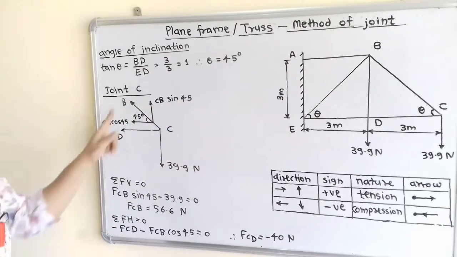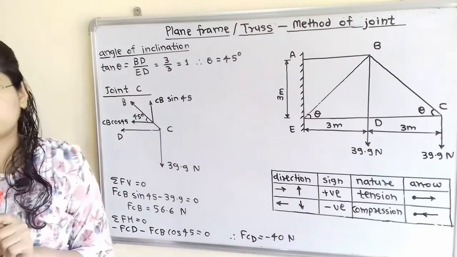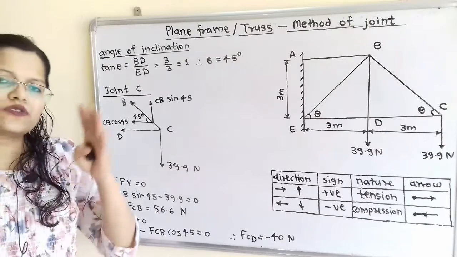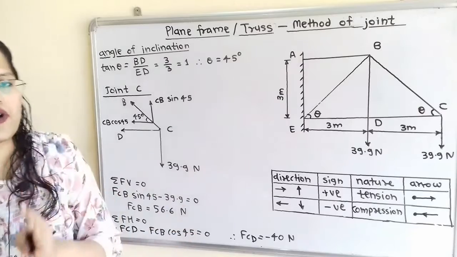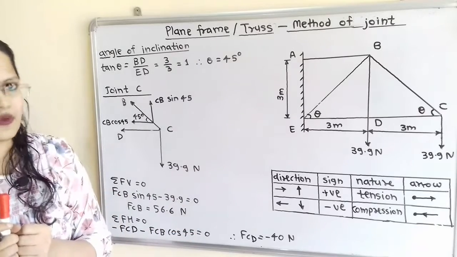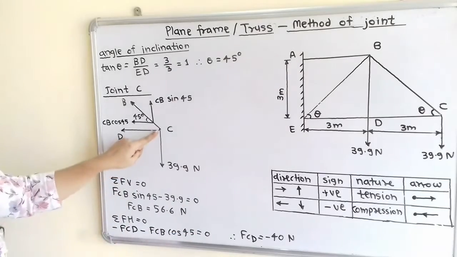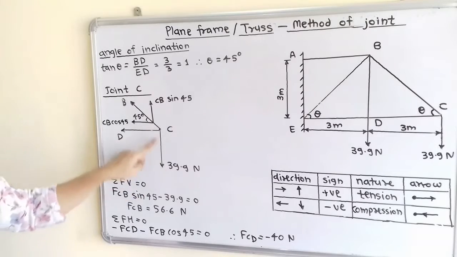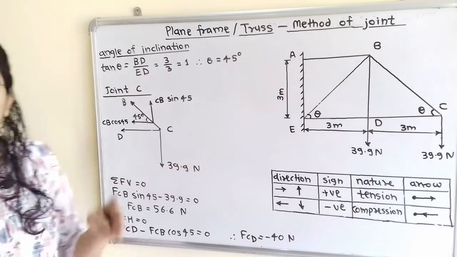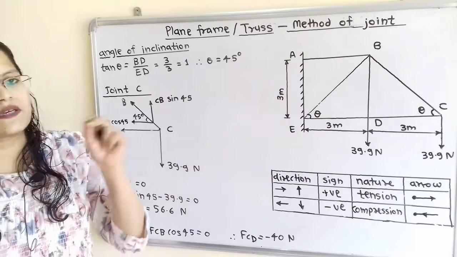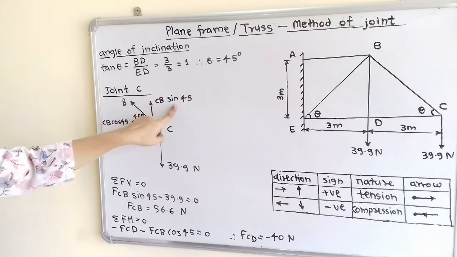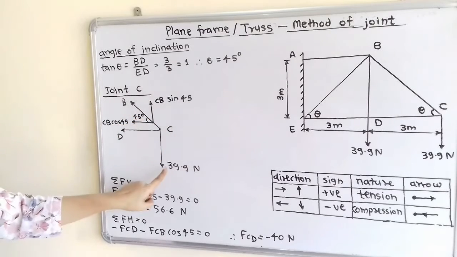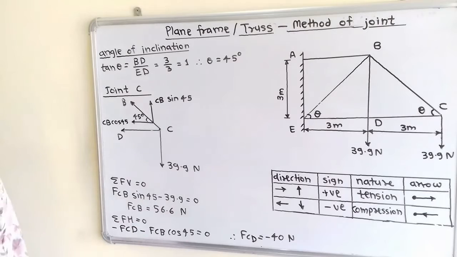Now we will consider the equilibrium for this joint C. We will apply the rule: summation of all vertical forces is equal to 0, and summation of all horizontal forces is equal to 0. Now the vertical force at C, 39.9, is known. So summation of all vertical forces is 0. From this diagram, FCB sin 45 minus 39.9 is equal to 0.